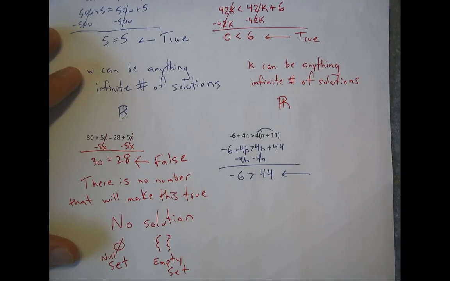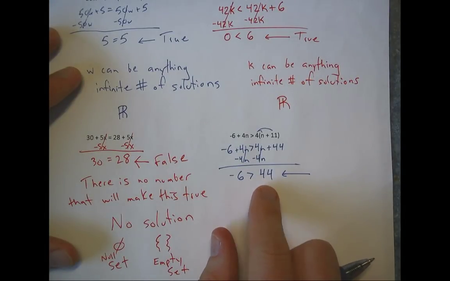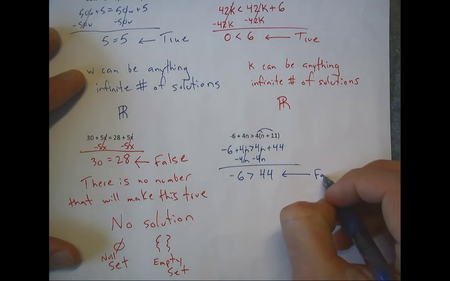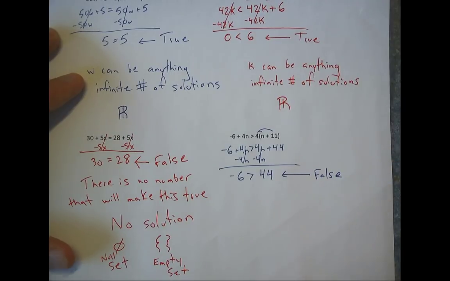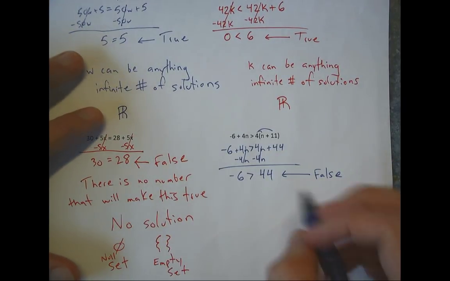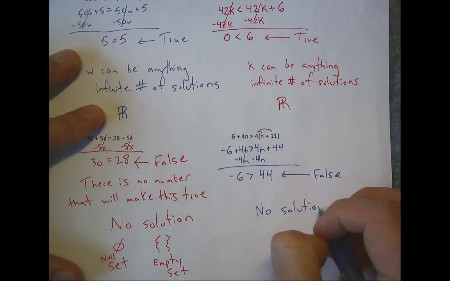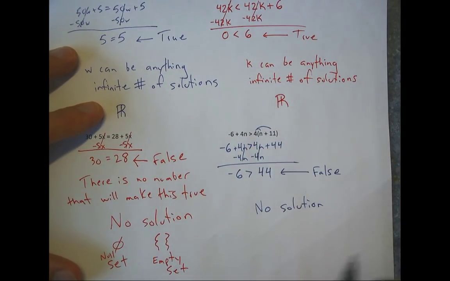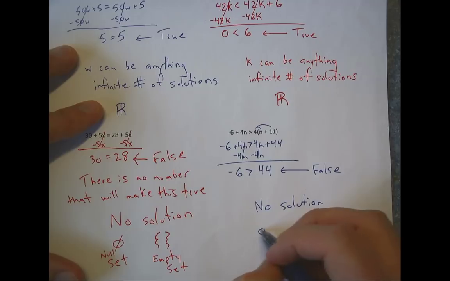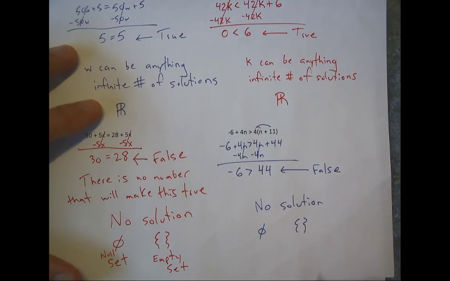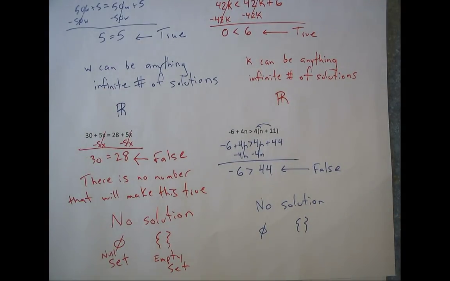Is that a true statement? Is it a false statement? Well, clearly negative 6 is not greater than 44. So that's false. So it's the same thing. No solution. There's no number you can put in for n that's going to make this a true statement. And so any of these symbols will suffice.